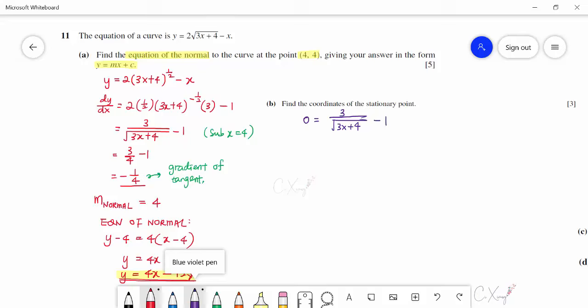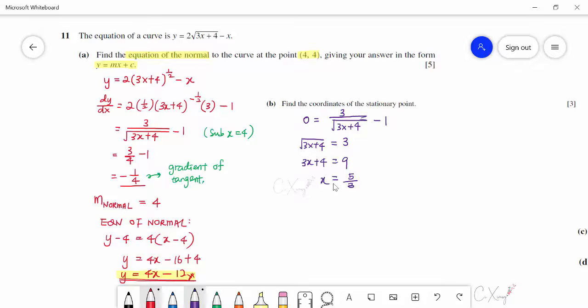If I simplify this equation, I get 3x + 4 = 3. Then I square both sides, giving 9. And eventually I get a value for x, which is 5/3. So x = 5/3 is where we get the stationary point.